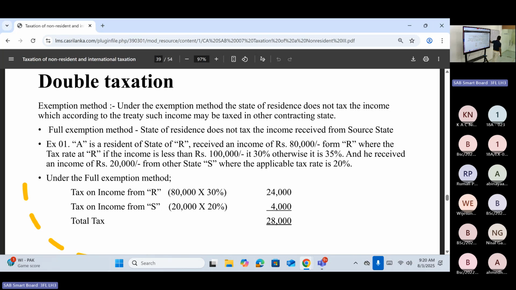If no double tax avoidance agreement is available, because he is a resident, his total income in the resident country is 80,000 from country R plus 20,000 from country S. So it is equal to or more than 100,000, therefore the tax rate is 35%. But he cannot escape tax in country S as well; he has to pay another 20% of 20,000. So altogether 39,000 he has to pay.